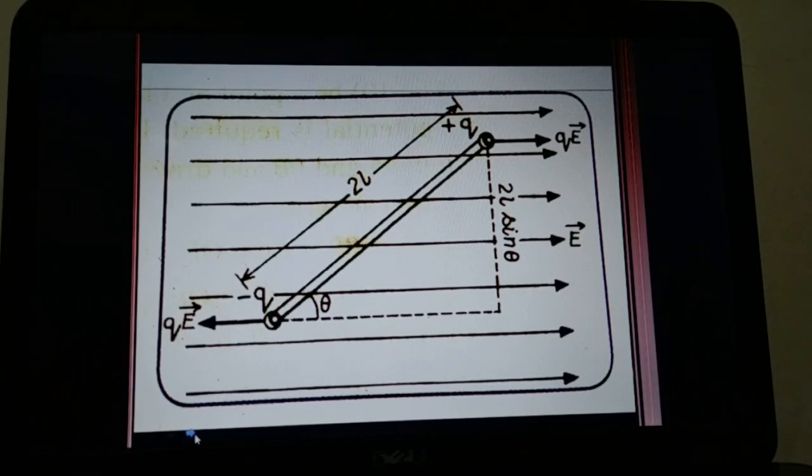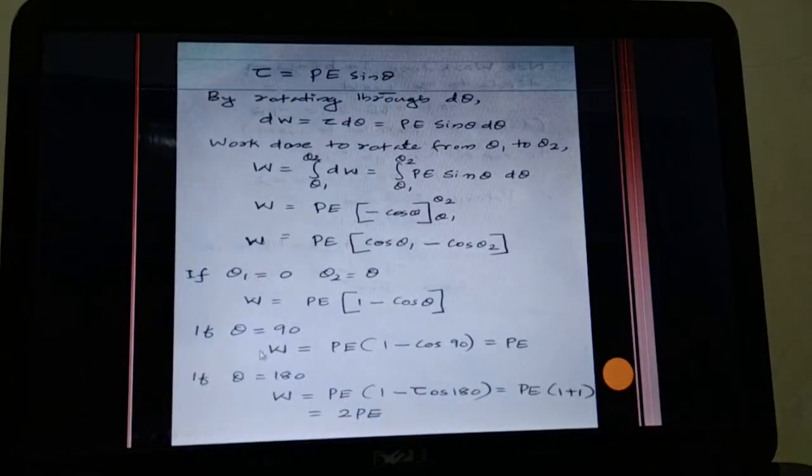So when theta 1 is equal to 0, W is equal to PE into (cos theta 1 minus cos theta 2), where cos 0 is 1. So W will become PE into (1 minus cos theta).